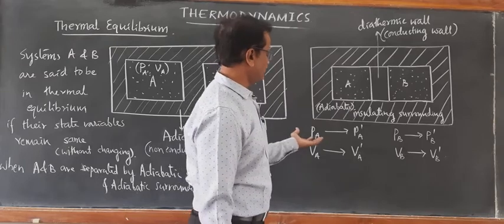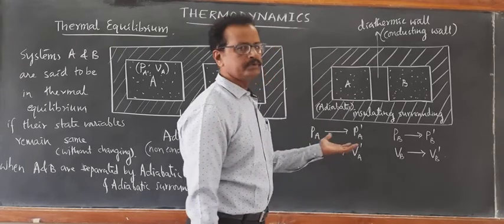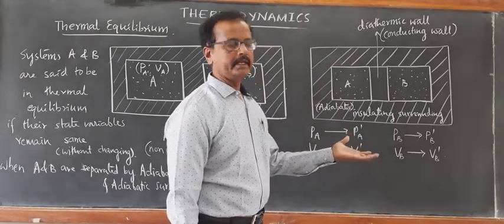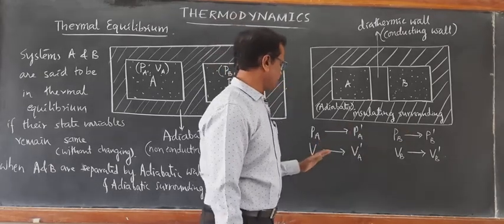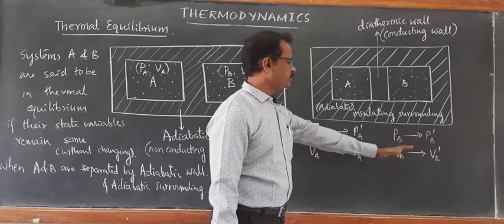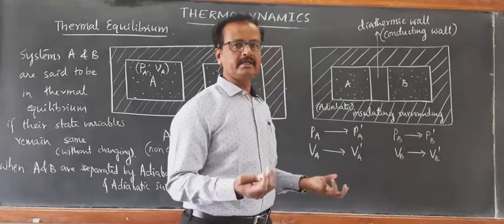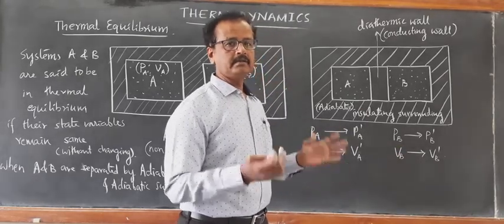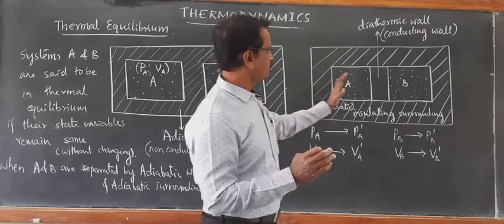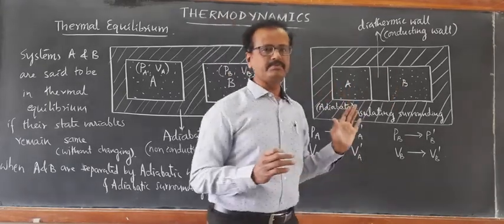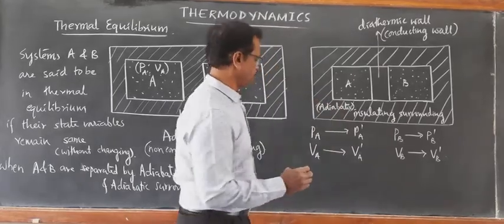As a result, the pressure and volume values will vary from PA to PA dash, PB to PB dash, VA to VA dash, VB to VB dash. Once they vary and then remain the same, we say that system A and system B are in thermal equilibrium.